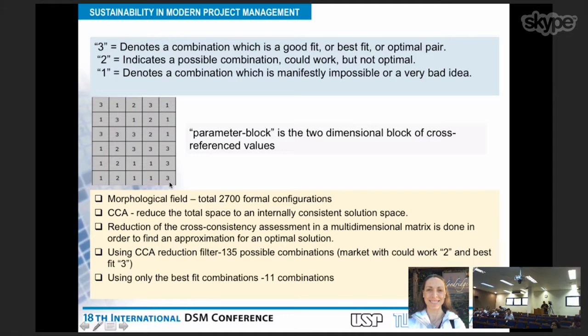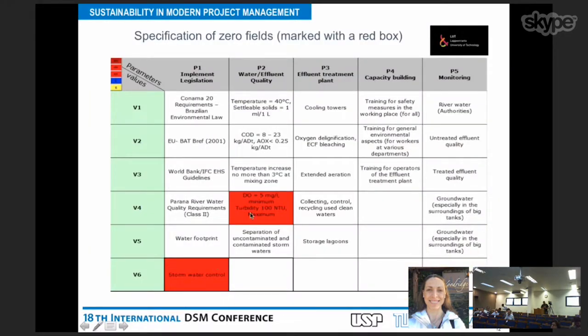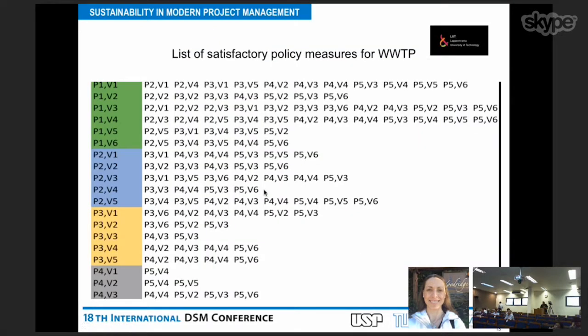So this number 1 gives the inconsistency combinations, and then we have the 0 fields. So here is totally a list of satisfactory policy measures in terms of combinations that are the best combinations, like for the just selected with the number 3s.